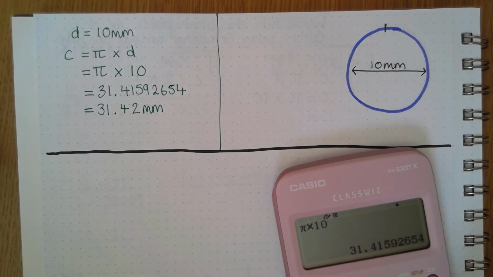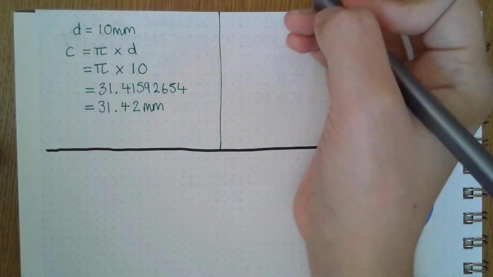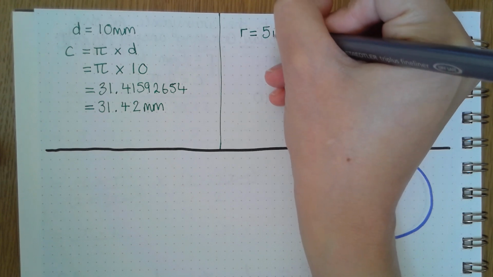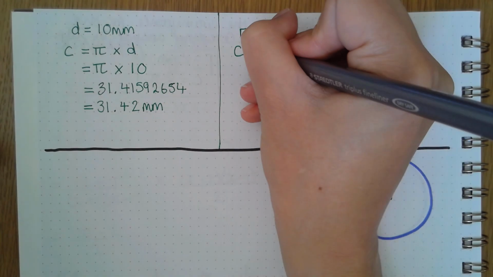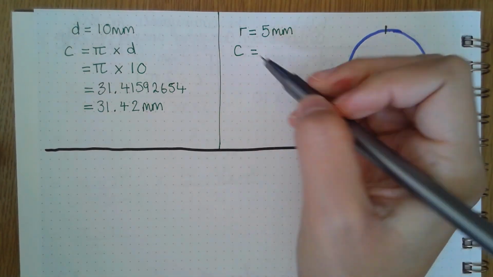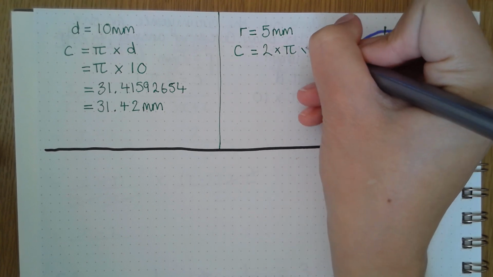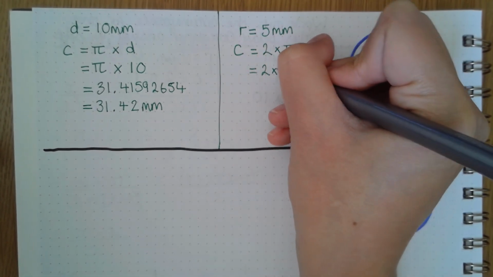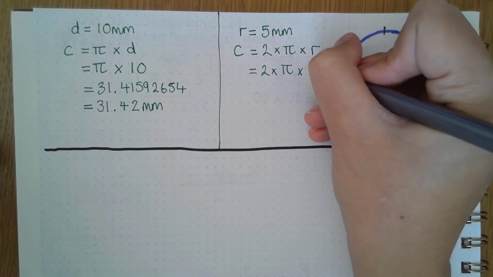Okay, and the other method, if diameter is 10 millimeters, then radius is half my diameter, which is 5 millimeters. Okay, so we know that our formula for circumference involving r is 2 times pi times r. So we can just write 2 times pi times, we know r is 5.